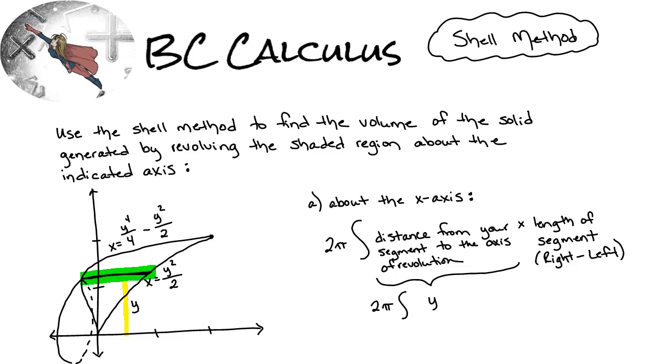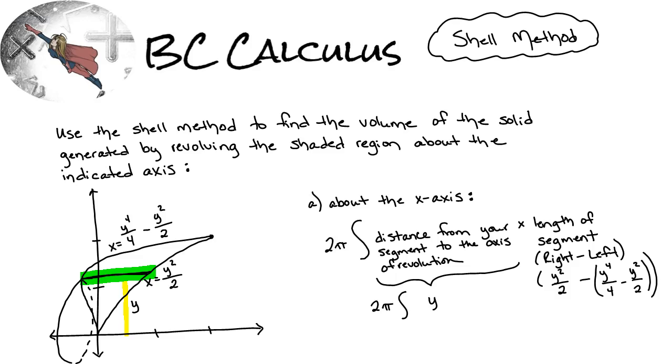So the curve on the right is y squared over 2. And the curve on the left is that other one, y to the 4th over 4 minus y squared over 2. But since that's a quantity, I should keep it in its own parenthesis like that. Alright, so this is an expression showing the length of that line segment.